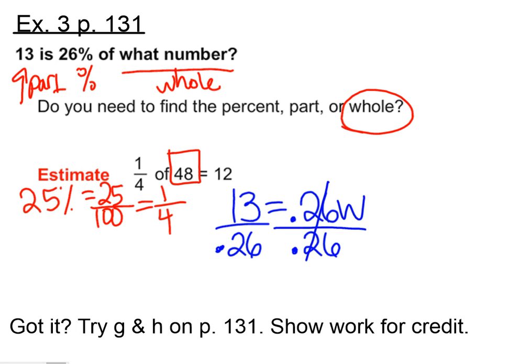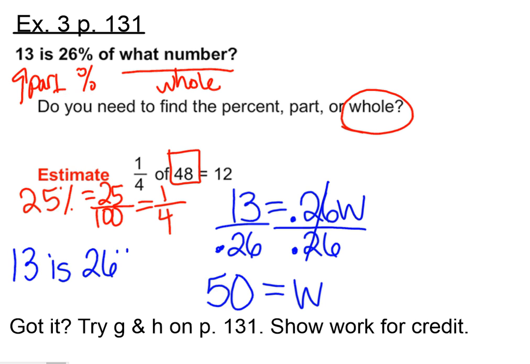And now we need to divide 13 divided by 0.26. When you type that in a calculator, you'll see it goes 50 times. So 50 equals W. So 13 is 26% of 50. So I'm going to write that in a sentence. And there we have our equation solved.